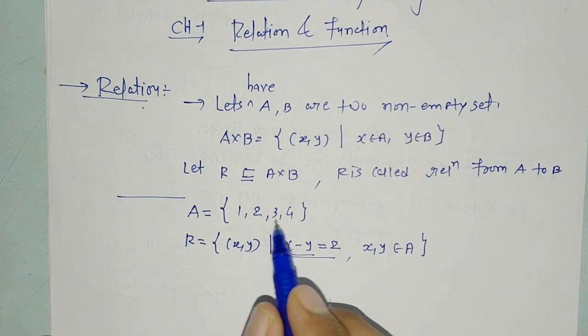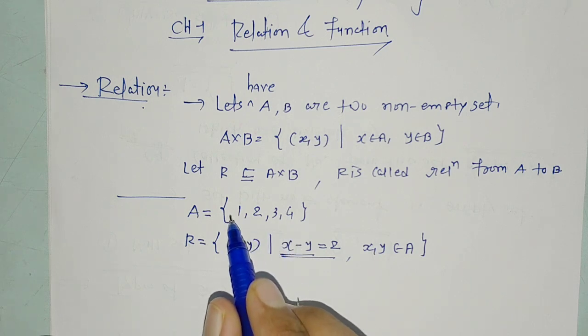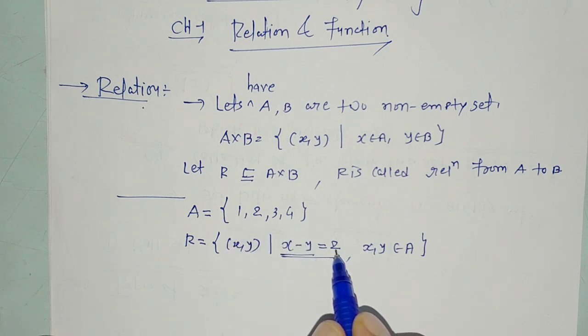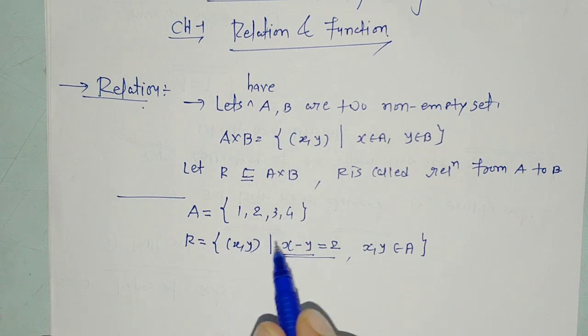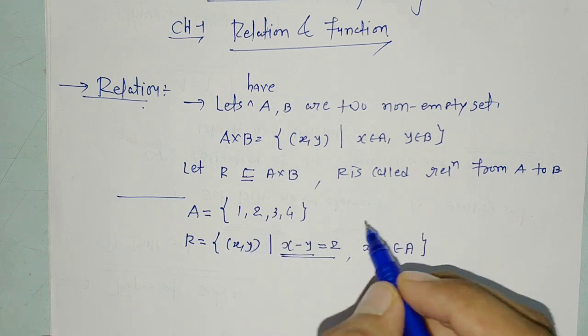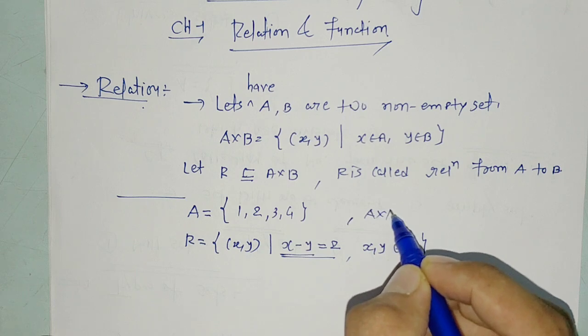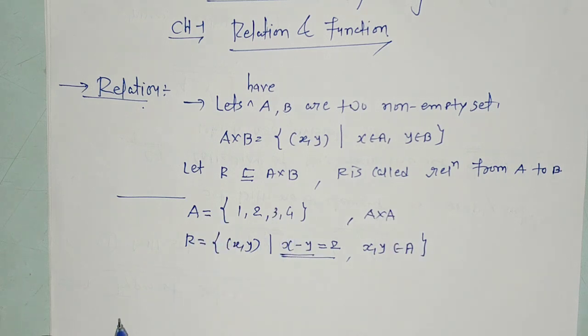That is, if I take any two elements from A, their difference must be 2. So we have to collect all those ordered pairs from A cross A, as we have only one set A, such that the difference of the two elements is 2. So let's get that set of ordered pairs.